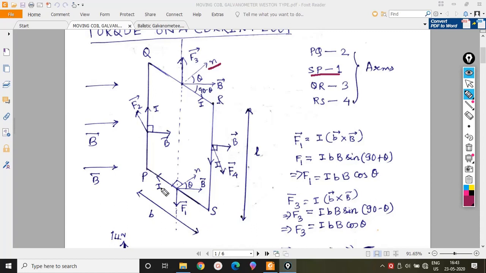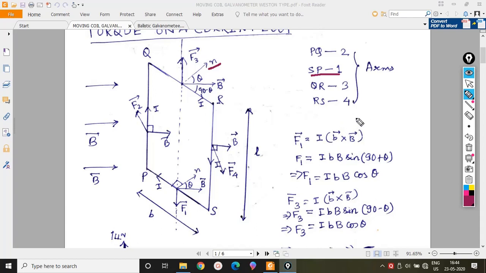Going back to the arm SP, this is the magnetic field B and this is the direction of the normal, and the direction of advancing current is in the direction of SP. So SP will give you the direction of the length vector.